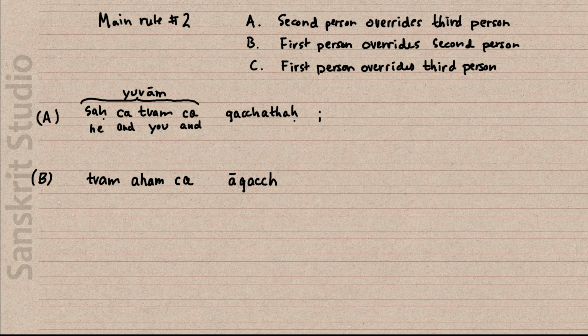Is it third person or is it first person? Well, according to rule 2, first person overrides second person. So aham will force the situation, it will take over. So first person dual then. First person dual agachavaha.